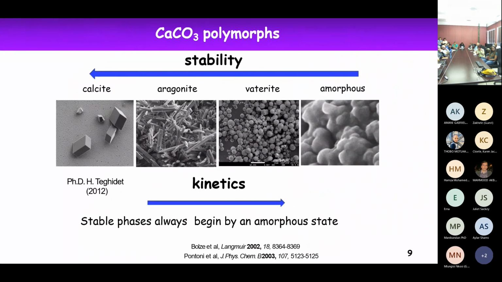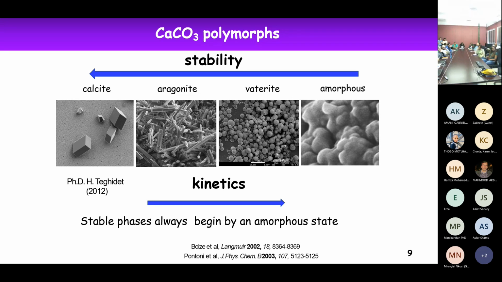And if you try to understand what's going on from a thermodynamical point of view, the stability of those materials increases in this direction, meaning that calcite is more stable than aragonite, than vaterite, and than the amorphous calcium carbonate.